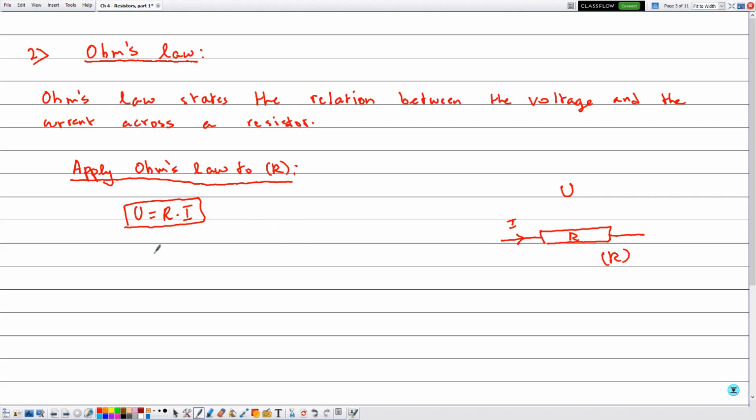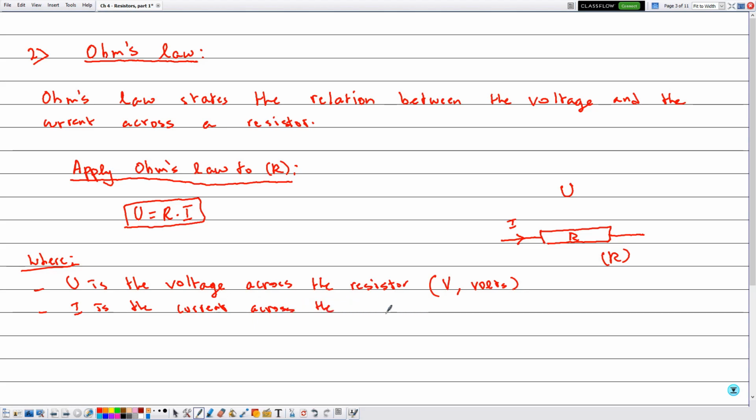Now what does each quantity represent? U is the applied voltage, or let's say the voltage across the resistor, and we know that the symbol of the unit of voltage is capital V, which stands for volts. I is the current across the resistor.